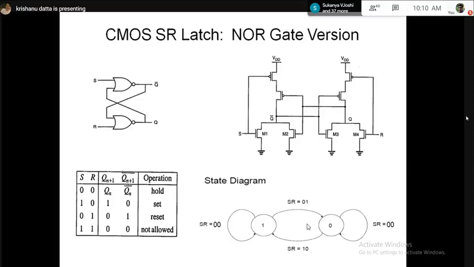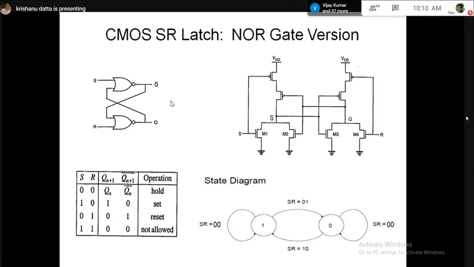So now what we shall do is a little bit of recap of what you studied in your digital logic class, that is the previous semester, right? And you know this structure. This is called SR latch.